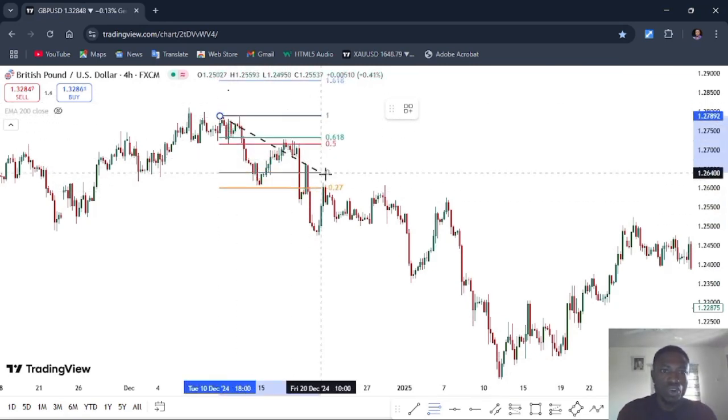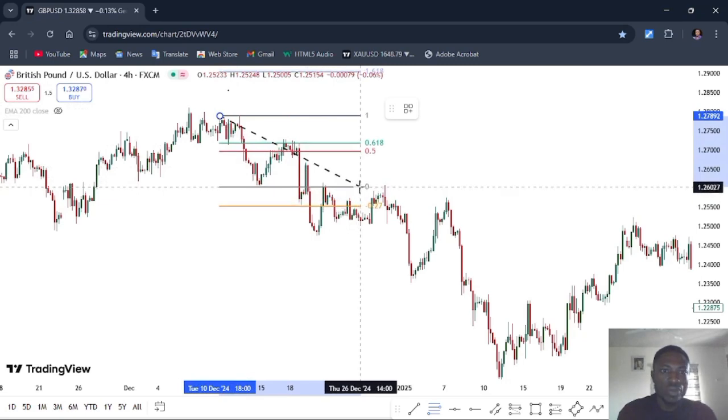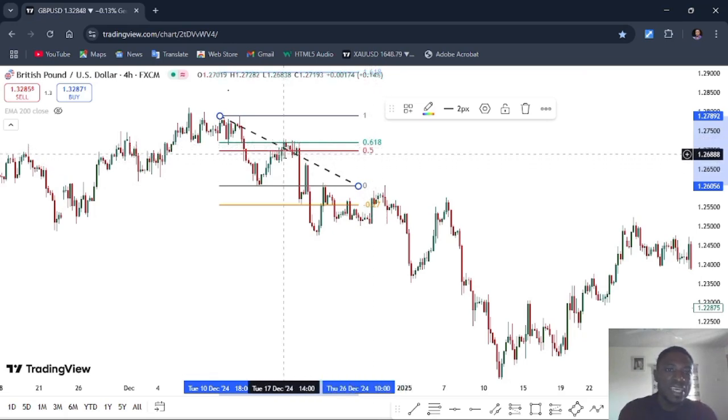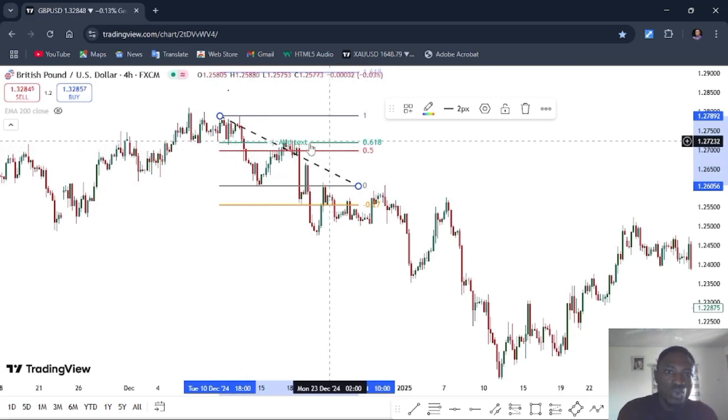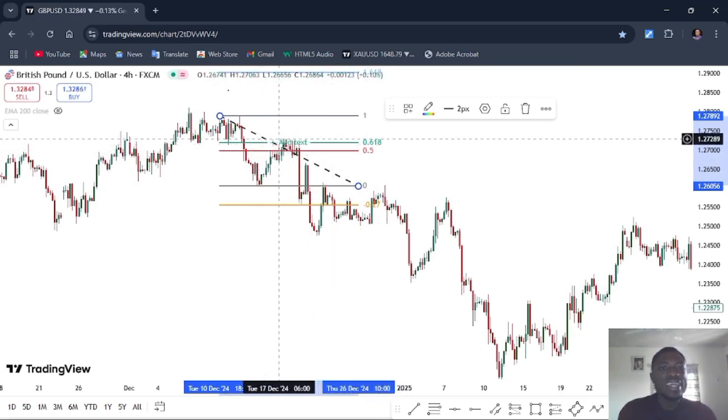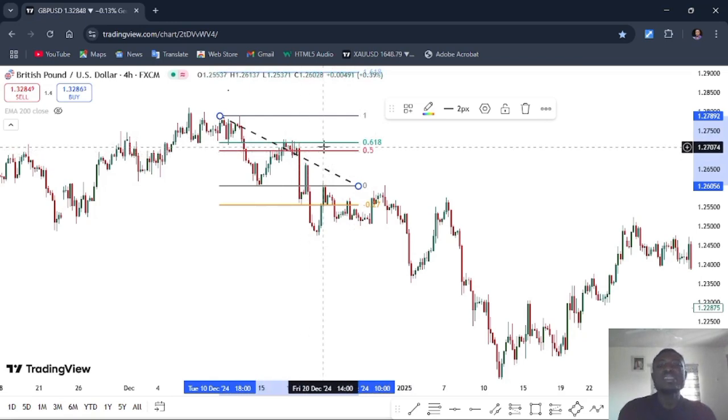And if I draw it and drag it all the way here, I'll be expecting the market to come inside 0.5 or 0.618. It's either the market touches this red zone or touches this green zone, or it is inside these two zones. Then I will start looking for selling opportunities.